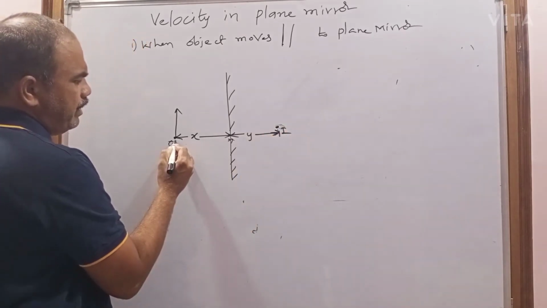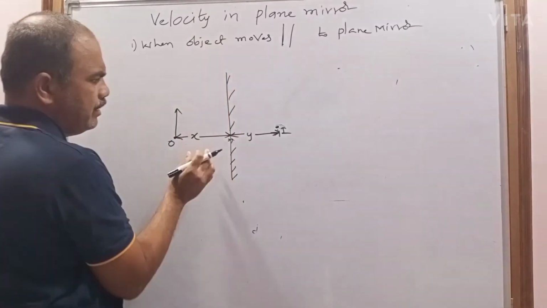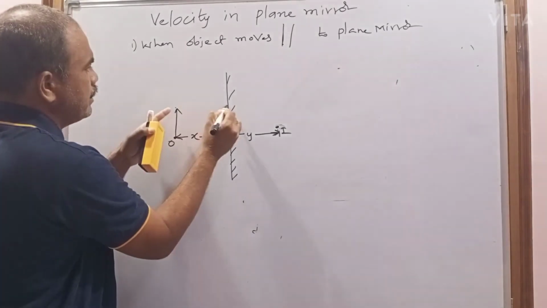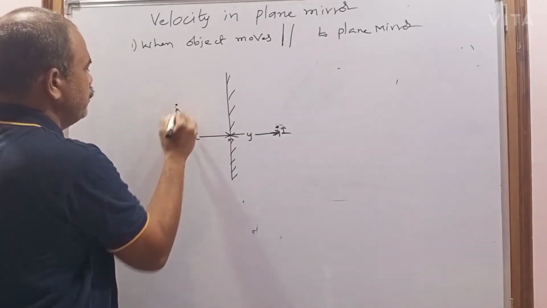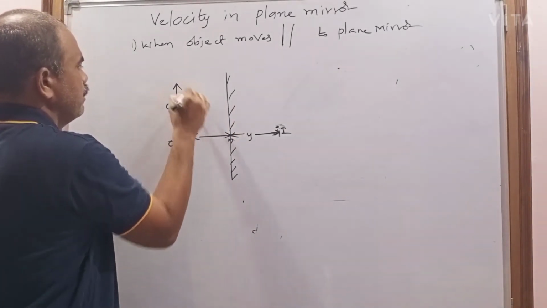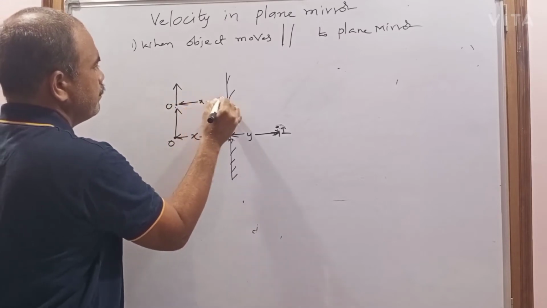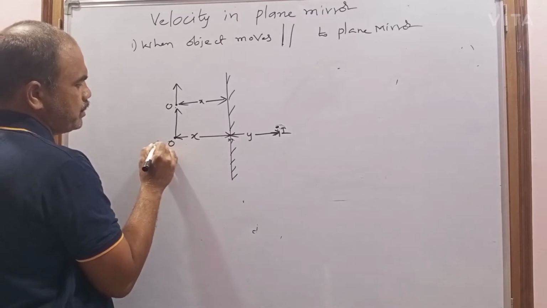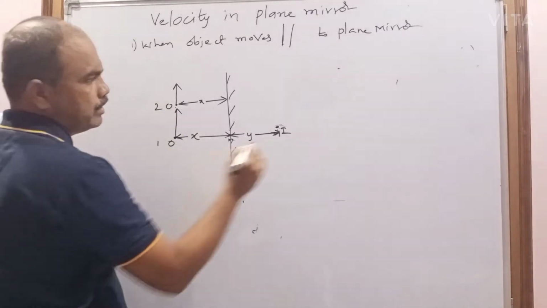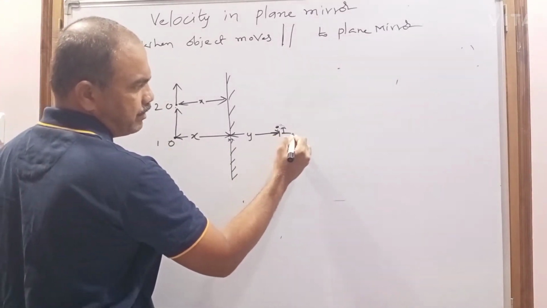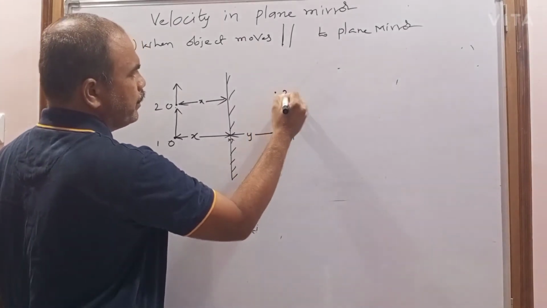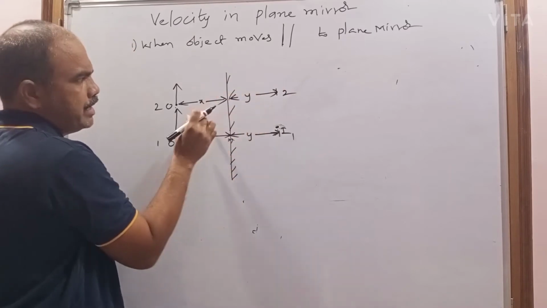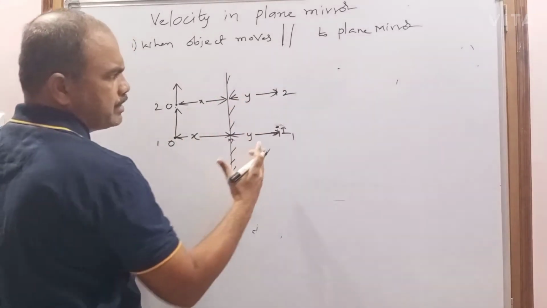Now, when the object is moving parallel to the mirror, the distance does not change. So when it is moving from here to here, the displacement will be the same. Again, when the object moves from initial position 1 to 2, the image also moves from its first position to its second position, but the displacement of the object and image will be the same.